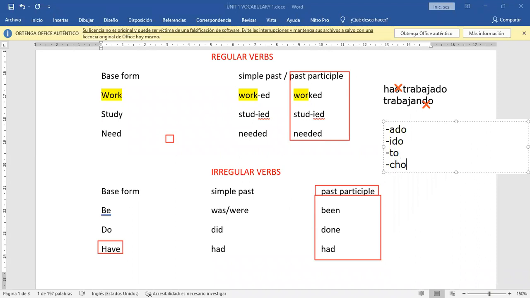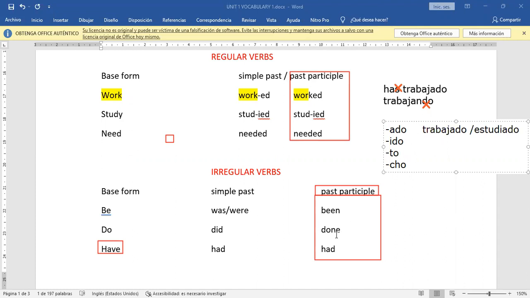Past participle, friends, means the verb ending in Spanish, just the verb. That is the ending of past participle. Worked. Studied. The same. Alone, solo como past participle, no en oración. So in Spanish, the ending is going to be ado, ido, to, or cho. Done.